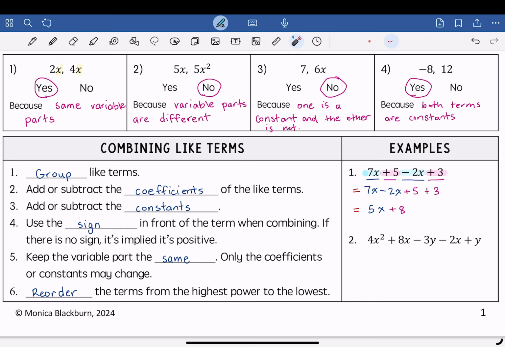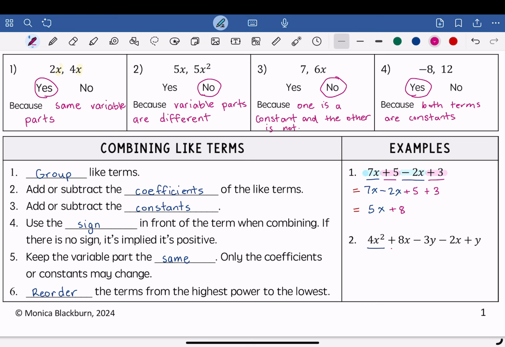So let's look at example 2. If we look at just the terms to see all the different variety of terms, we have one with the exponent or the variable part. That's x to the power of 2. We have an x and a y. So I'm going to first highlight them. For x to the power of 2, there's no other one like that.